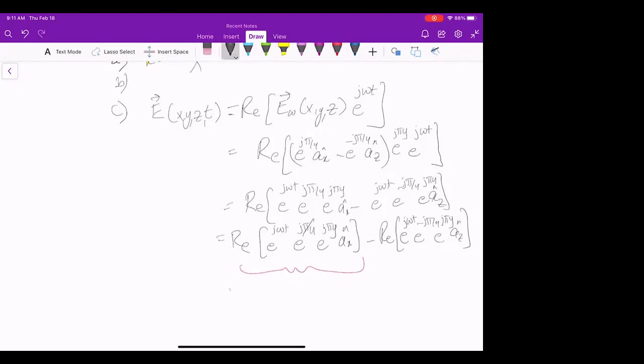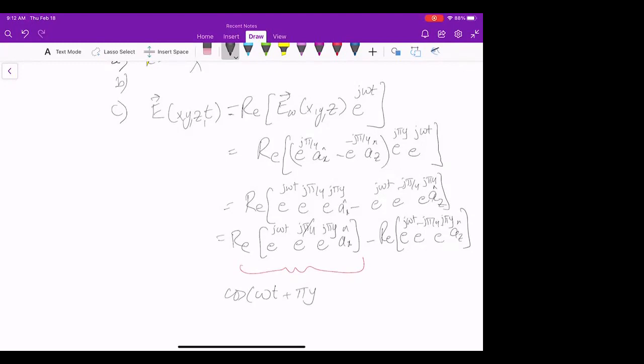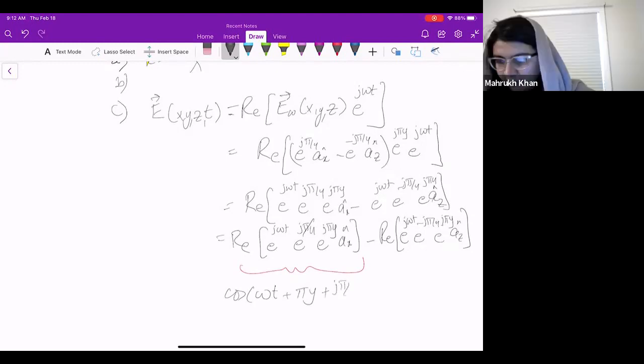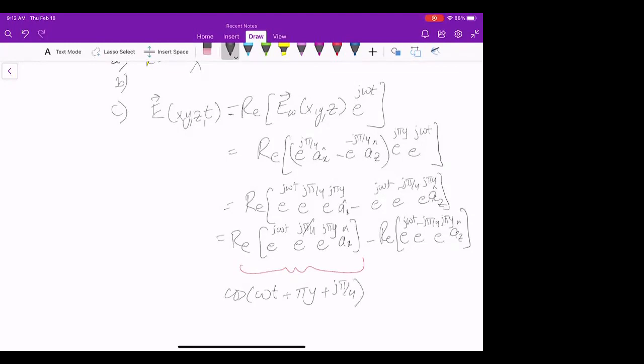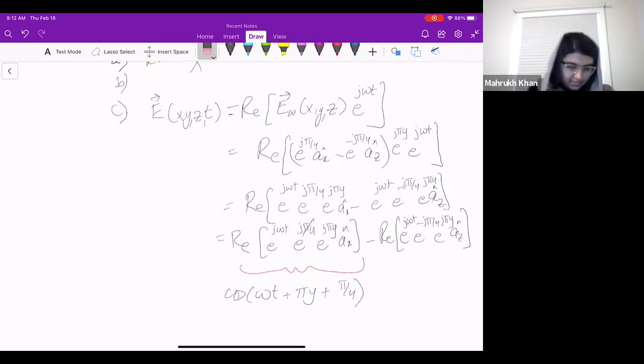Cos(ωt plus ky y plus π/4), so that will make x, π y, right? And then this will be π/4, I should not write j. That's fine. Yes, good. Okay, we are good about this then?